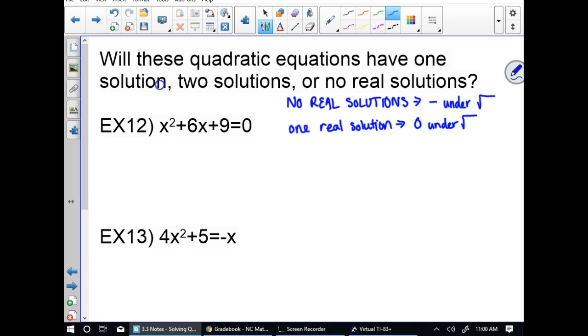And so what do you think is going to give you 2 solutions? Positive number under the square root. So if the question only asks us whether we have 1, 2, or no real solutions, we don't have to look at the whole thing. We can just look at what's under the square root.